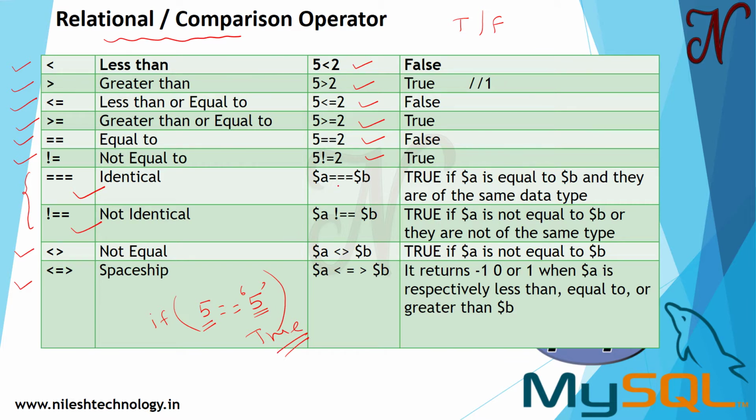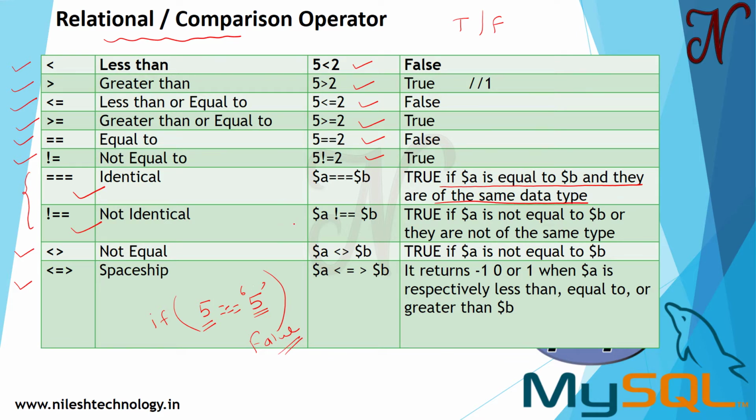But what is the use of triple equal? It is the identical operator. It returns true if A is equal to B and they are of the same data type. So if you use triple equal, 5 triple equal to single-quoted 5, it returns false, because one 5 is an integer data type and the other 5 is a string data type.